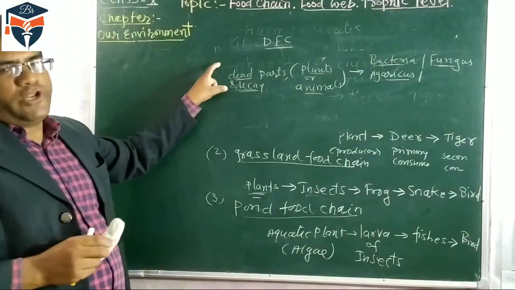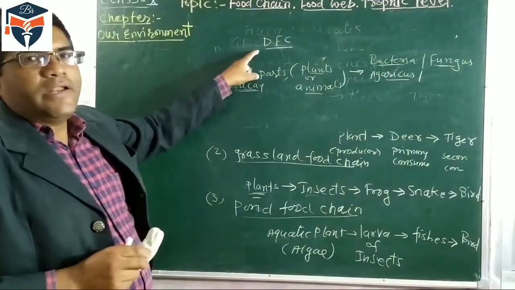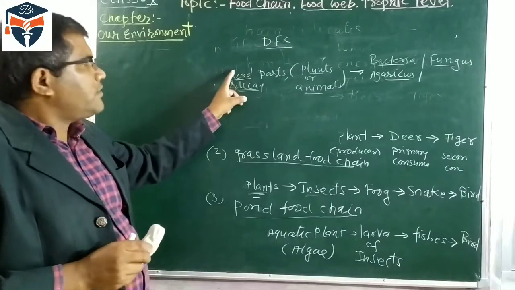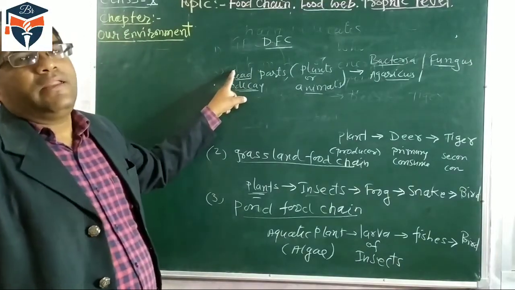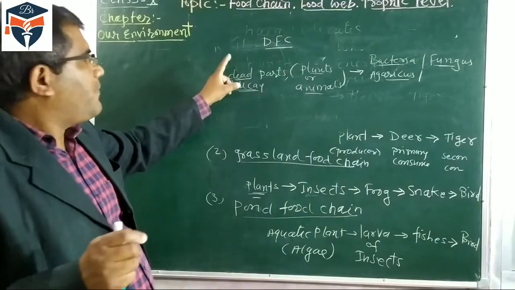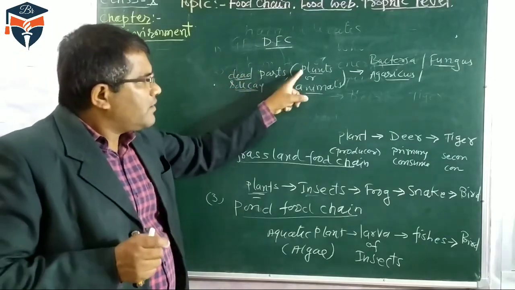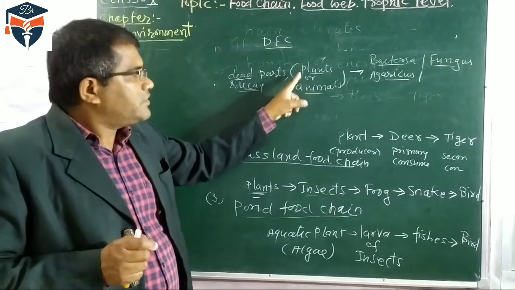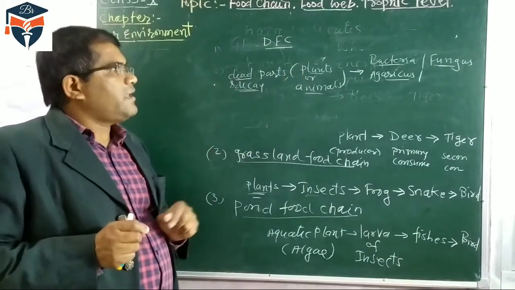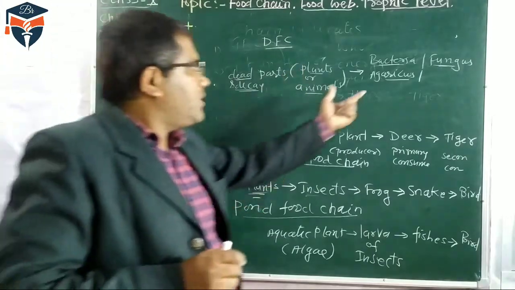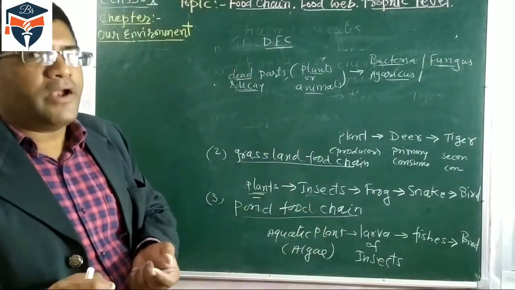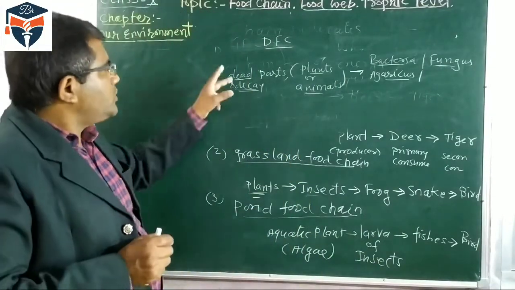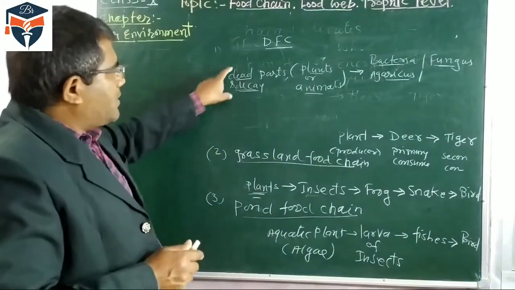So this food chain is called the detritus food chain. The detritus food chain begins with dead and decayed organic matter from plants and animals, and bacteria and fungus, such as mushrooms, grow on the dead and decayed parts of plants. So this food chain is called the detritus food chain.